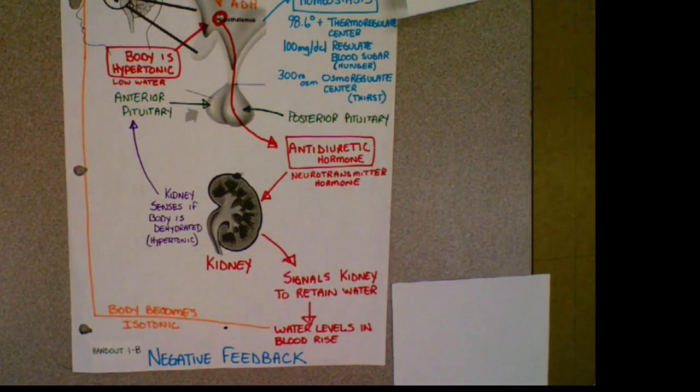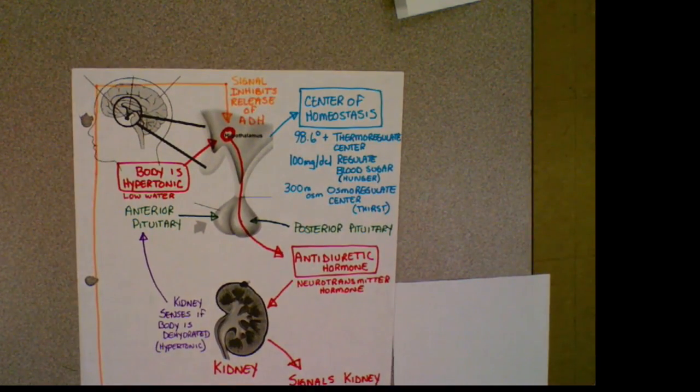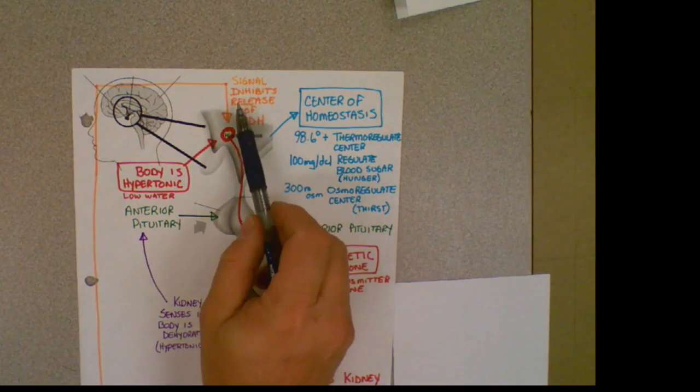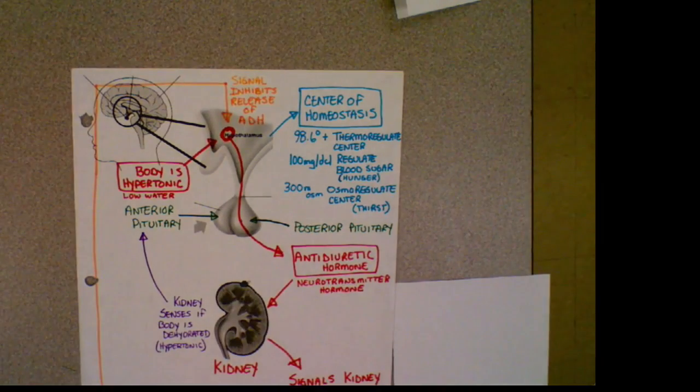Iso means the same, right? And as our body gets more isotonic, which is where we want it, this is going to send a signal back up to our brain and tell our brain to turn off the production of antidiuretic hormone.